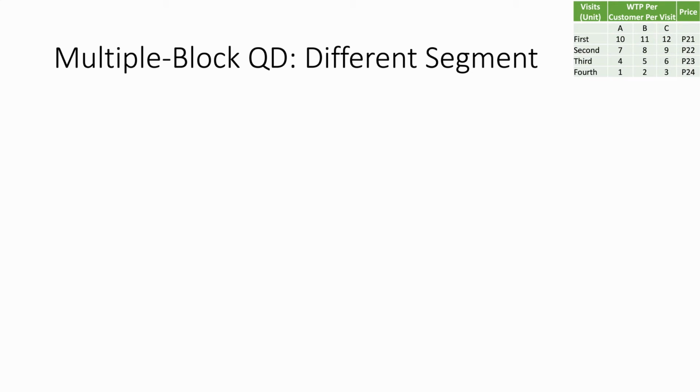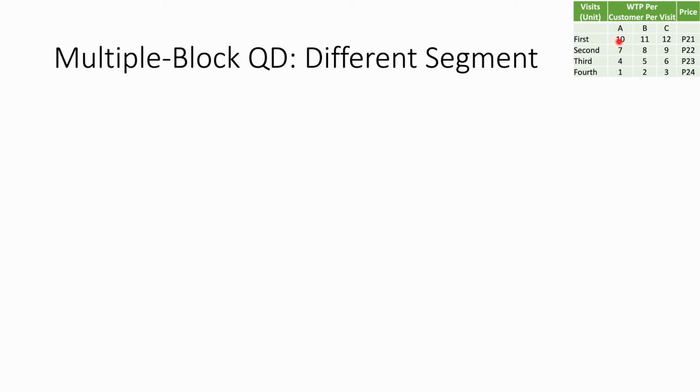Now, what if the customers are different? The situation is a little bit trickier, so we have to consider each visit differently. So as you can see here, at 10, 11, 12, the optimal price for the first visit would be 10, because 10 times 3 is 30, 11 times 2 is 22, 12 times 1 is 12.